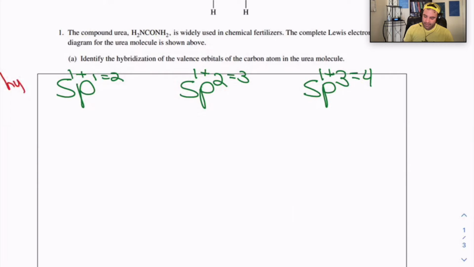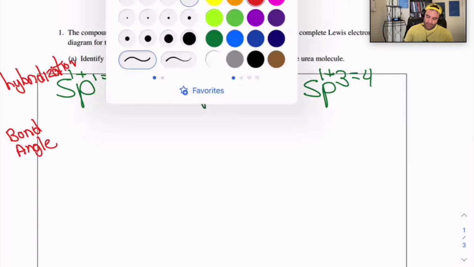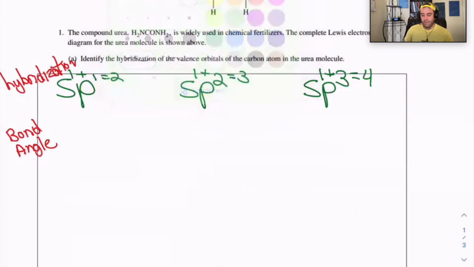So hybridization. Now the other thing that it will ask for is something called bond angle.